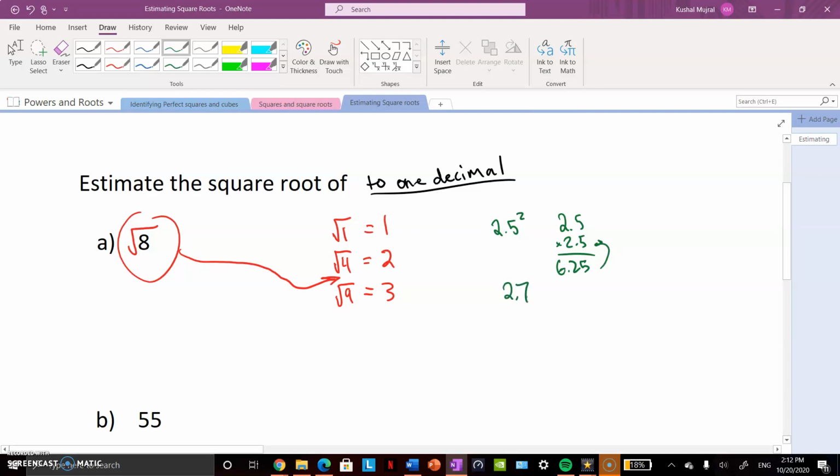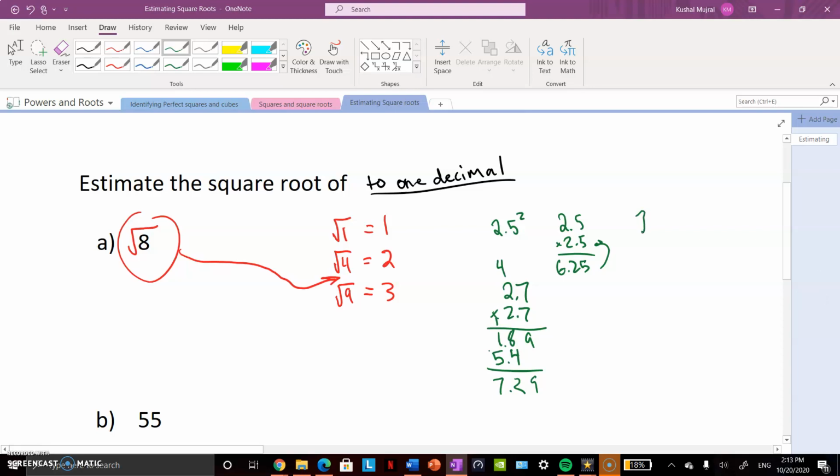The square root of 6.25 is 2.5, which means 2.5 is not correct. Let's try 2.7. 2.7 multiplied by 2.7 adds up to 7.29. Okay, 7.29 is a bit closer, but that's not exactly 8.